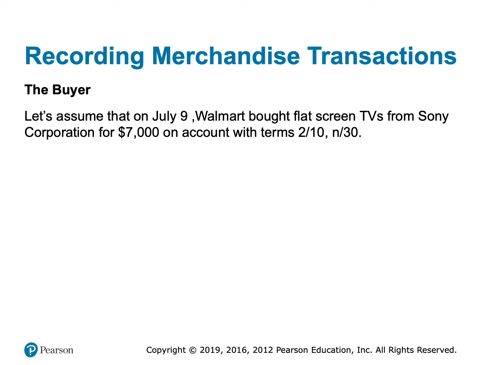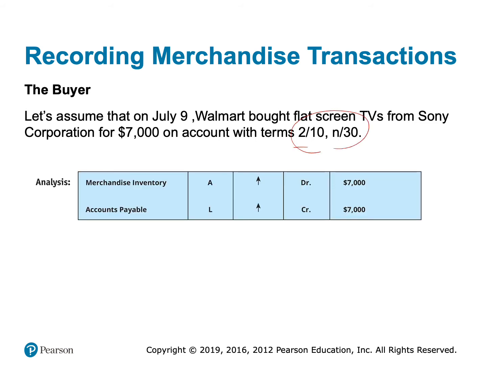So now let's assume that we're the buyer here. So we're again Walmart. We bought some TVs from Sony Corporation, pardon me. We paid $7,000 for those with what we call terms 2/10 net 30. So what does 2/10 net 30 mean? Well, first of all, when we buy the inventory, we're going to increase the inventory account by $7,000, and we're going to increase accounts payable because we're told we bought them on account for $7,000.